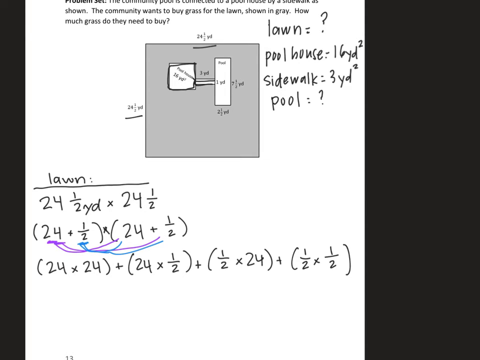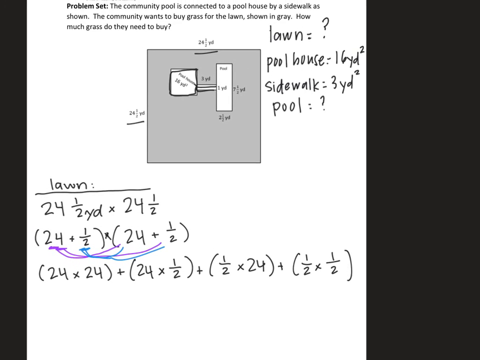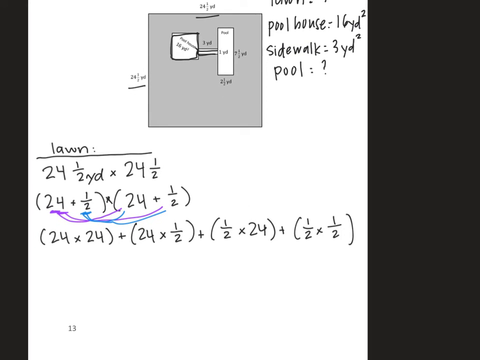All right, so I have 24 times 24. I do not know what that is off the top of my head. So I'm going to come over to my scratch paper and say, all right, 24 times 24. 4 times 4 is 16. 4 times 2 is 8, plus 1 more is 9.